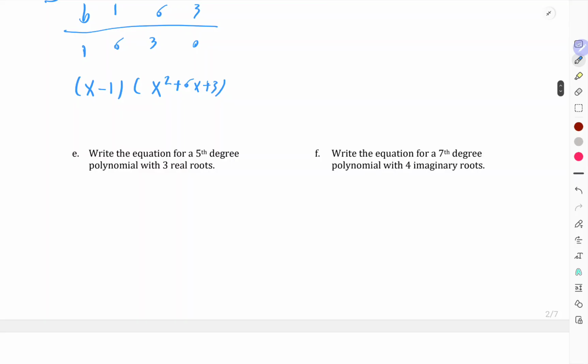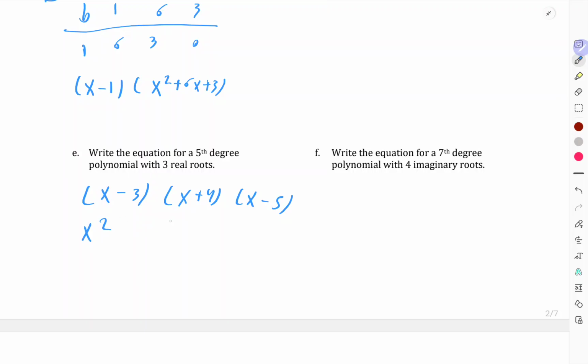And essentially here it says write an equation of the fifth degree with 3 real roots. So you could just do x minus 3, x plus 4, x minus 5. Yeah, you just multiply all these. So let's go for this one. x squared plus 4x minus 3x minus 12.